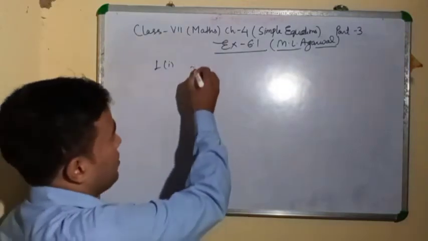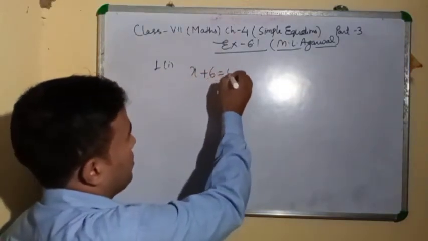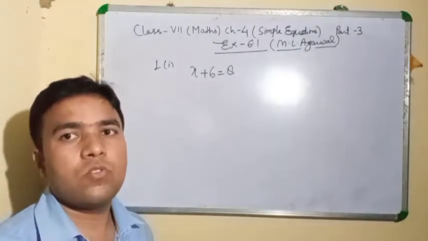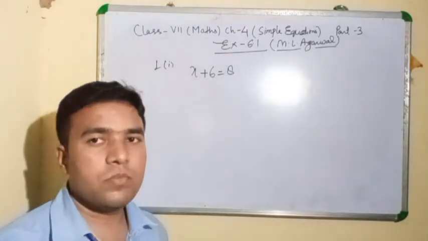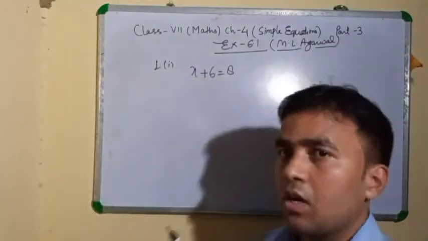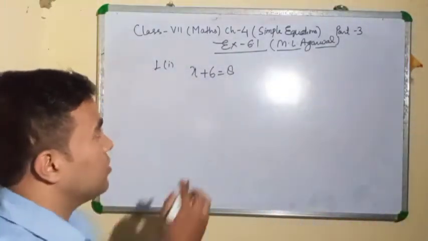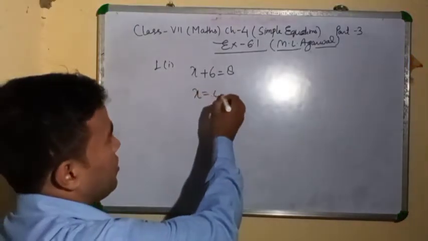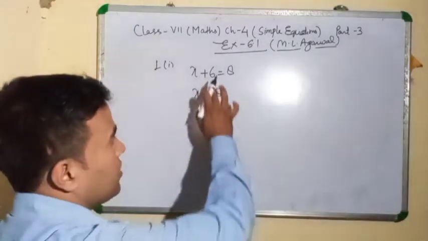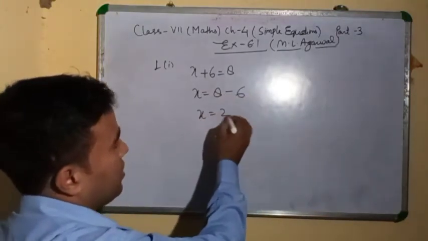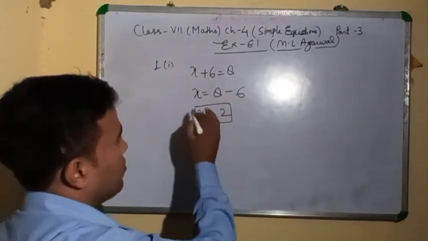First part, x plus 6 equal to 8, means find the value of x. Clear? In the previous part I told you how you will solve this type of question. X plus 6 equal to 8, means x equal to, transposition. Plus 6, there you will write, sign will be changed, minus: 8 minus 6 equal to 2.